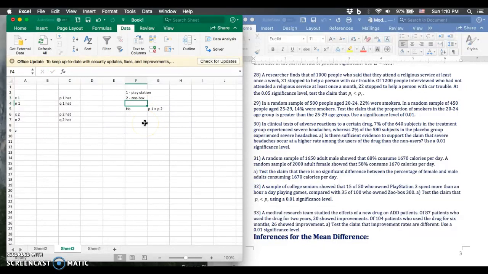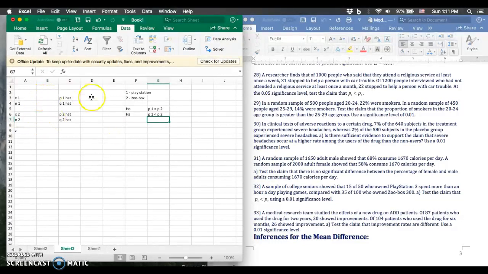I'm going to set 1 as my PlayStation, 2 as my Zoom Box. Then the alternative hypothesis is going to be P1 less than P2. So we have fewer people playing PlayStation than the people playing Zoom Box.